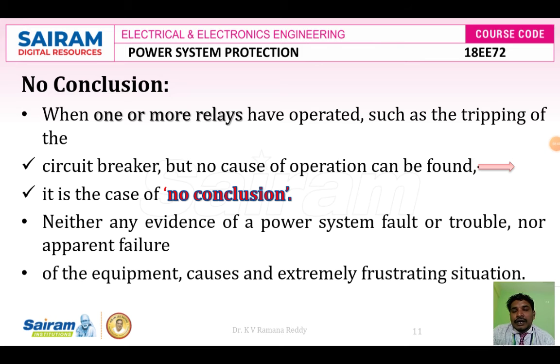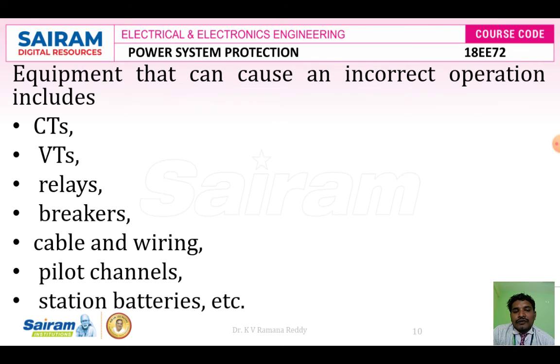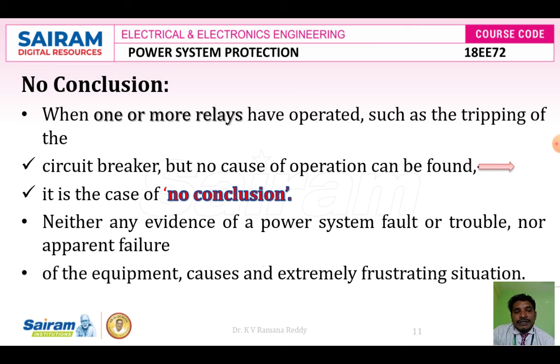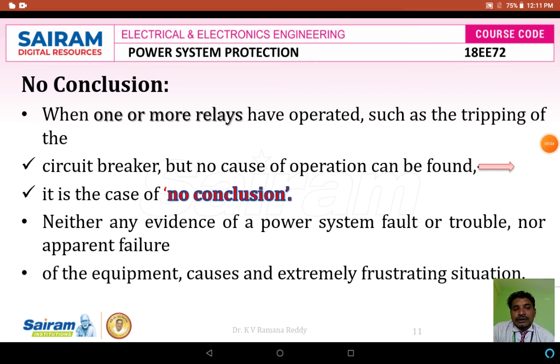And next, regarding the performance of a relay, we can also study no conclusion. What is meant by no conclusion? When one or more relays have operated, such as the tripping of the circuit breaker, but no cause of operation can be found. That means the operation was not required, but it has been done. Without requirement, if an operation has been done, in that case it doesn't require any conclusion, hence it is called a no conclusion one.